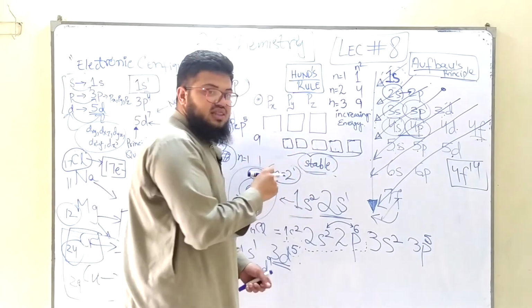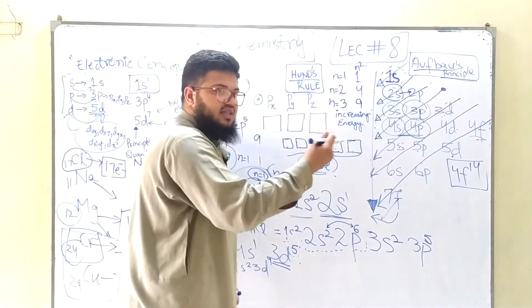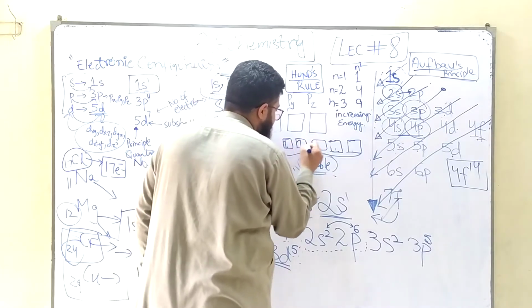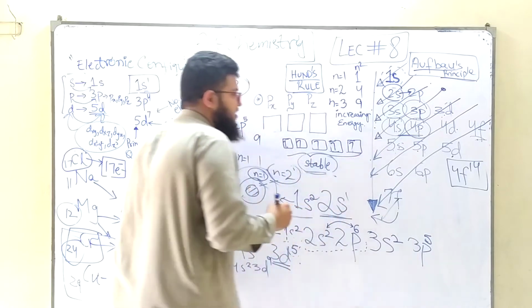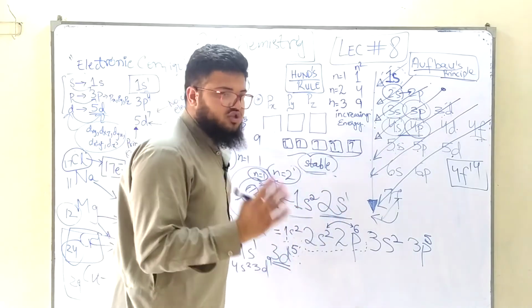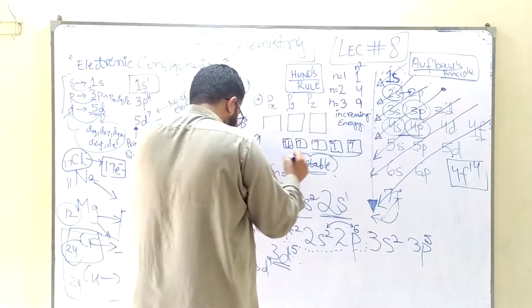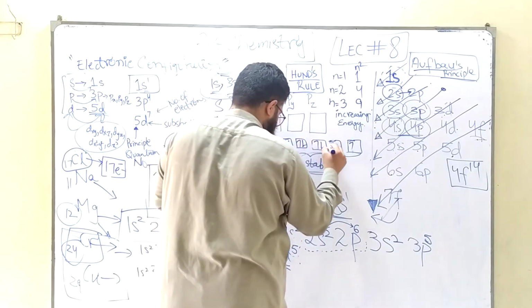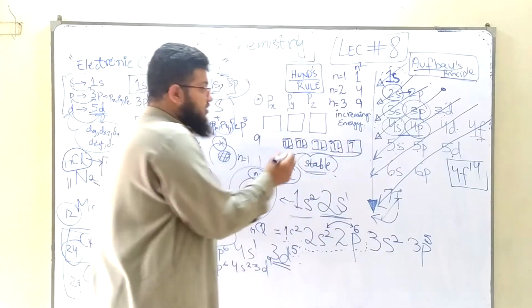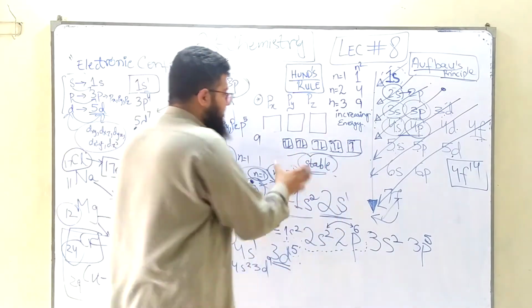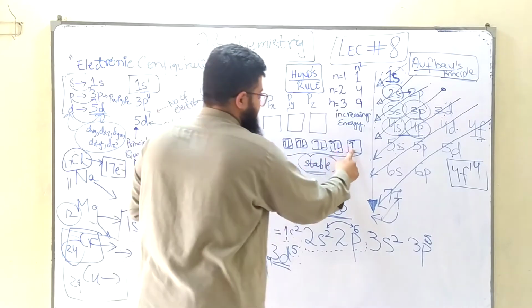We're going to first fill them in singly, and then we are going to pair them up. So the first electron, second, third, fourth and fifth, and we're still left with 4 electrons. Now the pairing will start. Now the electrons have become paired. Now these are 9 electrons.